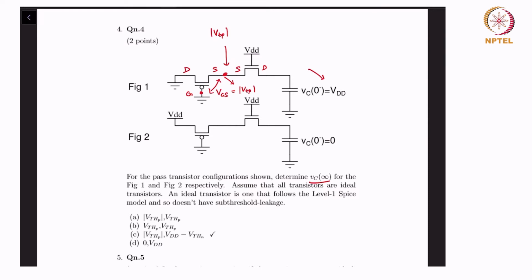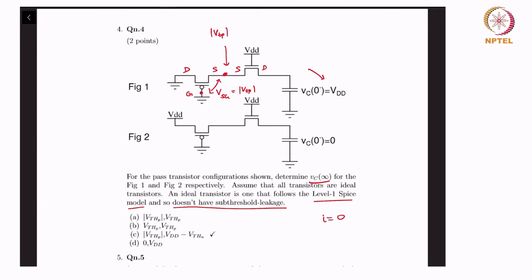After that, of course, it will not fall any further because the transistor will have zero current, because we've assumed the level 1 SPICE model, and so therefore once the VSG dips to equal the threshold voltage, and if it tries dipping any further below, it will cause I equal to 0, because that's what the level 1 SPICE model says.